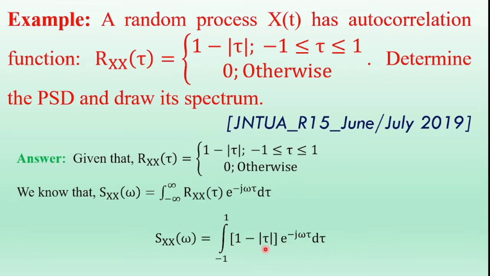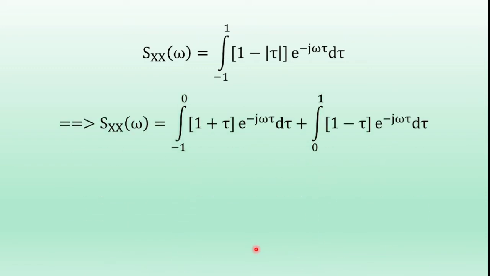Mod tau means plus or minus, so positive values and negative values. For tau less than 0, mod tau is equal to minus tau, and for tau greater than 0, mod tau is equal to plus tau. Applying that condition here, we get Sxx of omega equal to the integral from minus 1 to 0, which means tau less than 0, where mod tau is equal to minus tau.